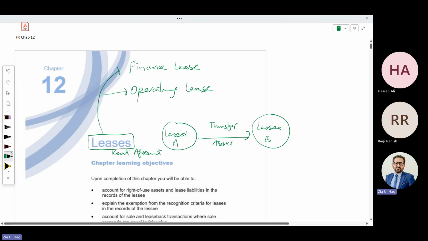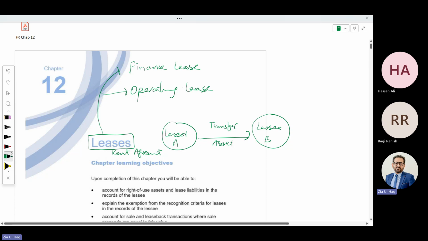If risk and reward are transferred to the lessee after a certain time period, that is called a finance lease. After a certain time period, the asset will be in the ownership of the lessee. Risk and reward mean ownership of the asset.